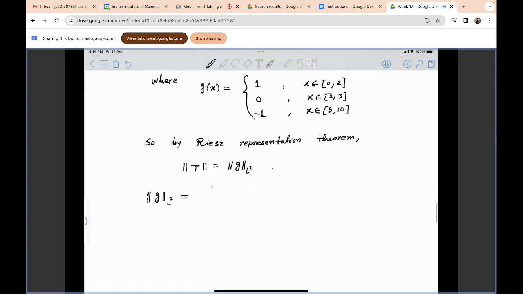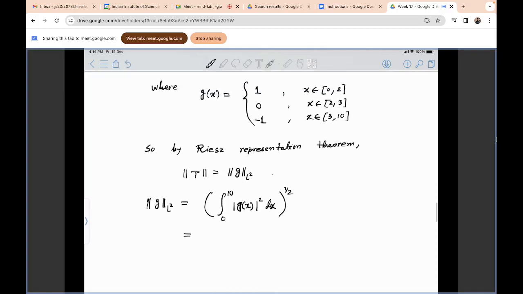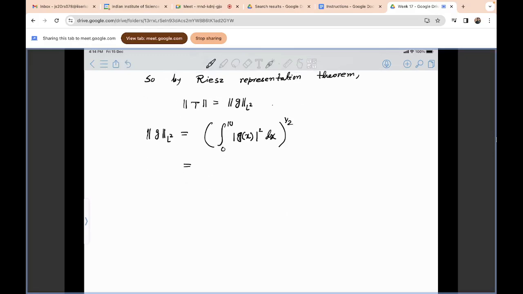The L2 norm of g is the integral from 0 to 10 of mod g(x) squared dx, to the power half. And g is 1, 0 and minus 1. So if you write it, from 0 to 2 this is dx, from 2 to 3 it's 0, and from 3 to 10 it's minus 1.